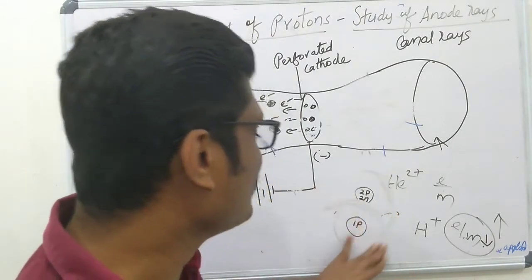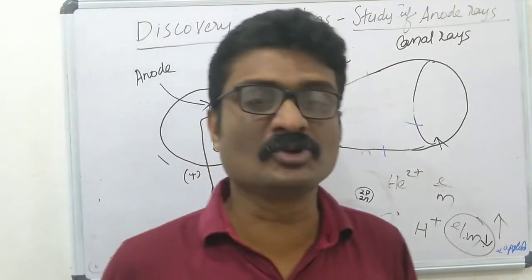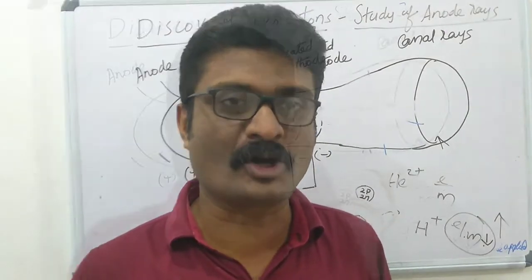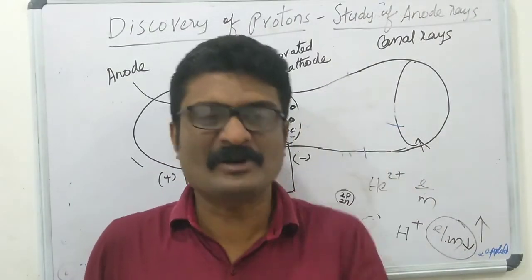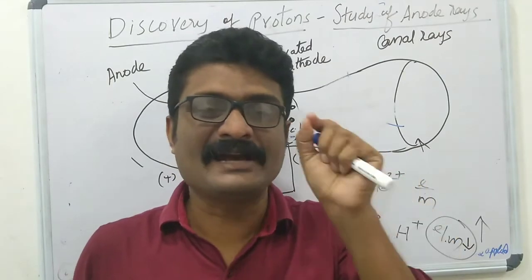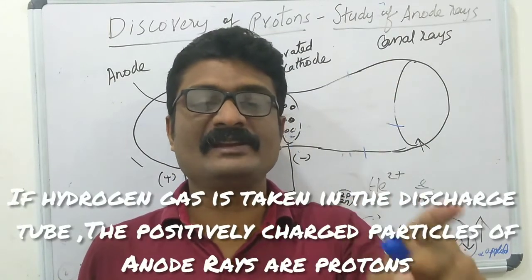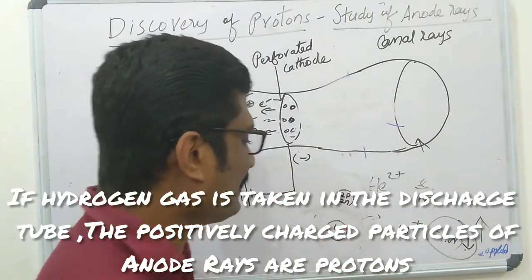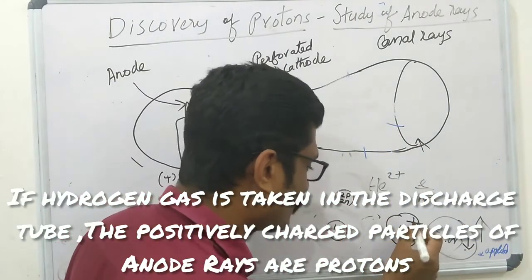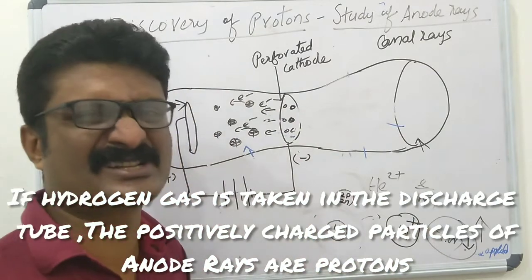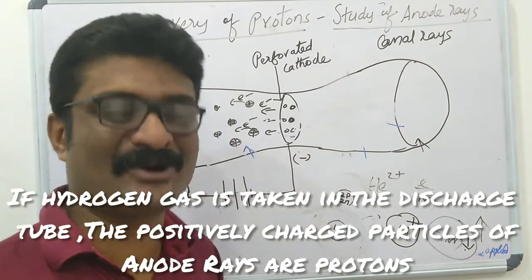H+ is just similar to a proton. The very important point: if hydrogen gas is taken in the discharge tube, the positively charged particles of anode rays are protons. A proton is just similar to the H+ ion.